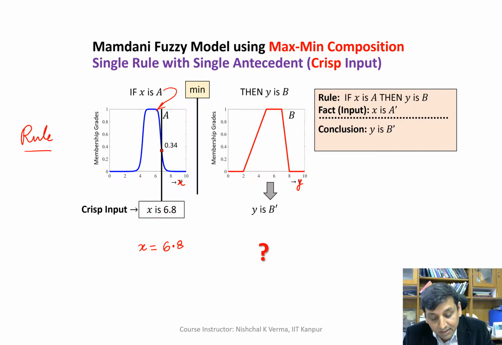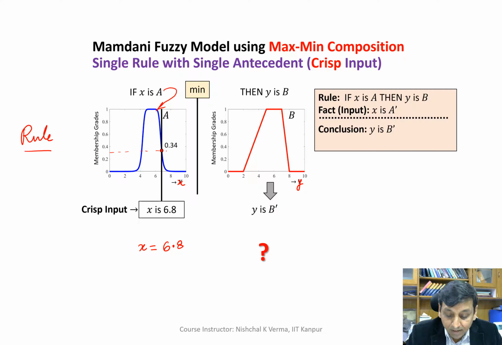So this line gives us x equal to 6.8, and corresponding to this value of the generic variable we have the membership value 0.34.